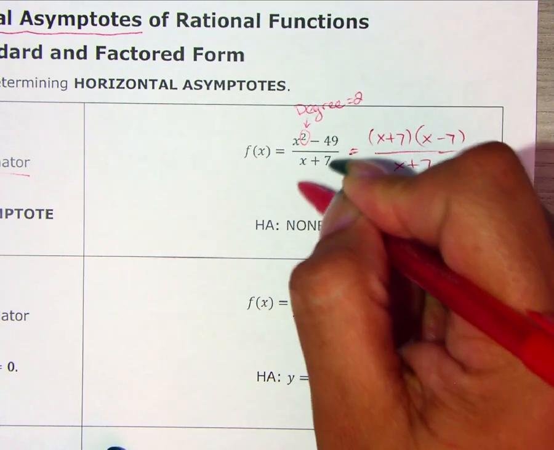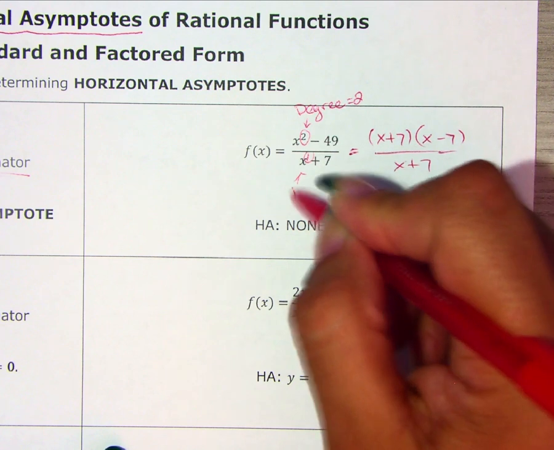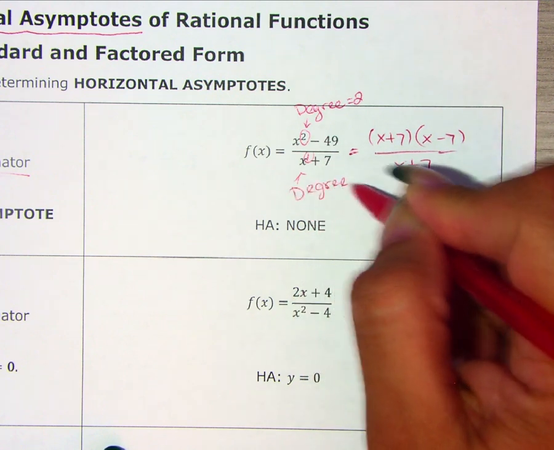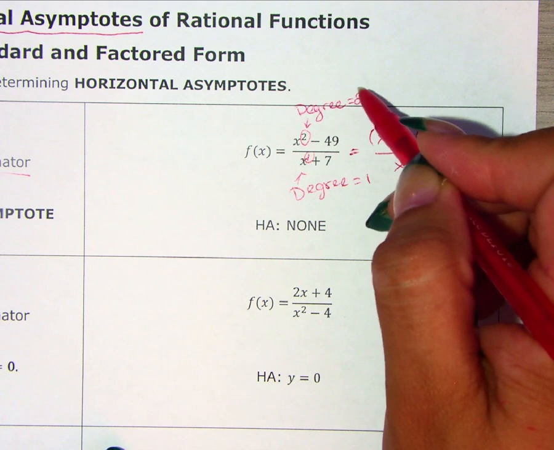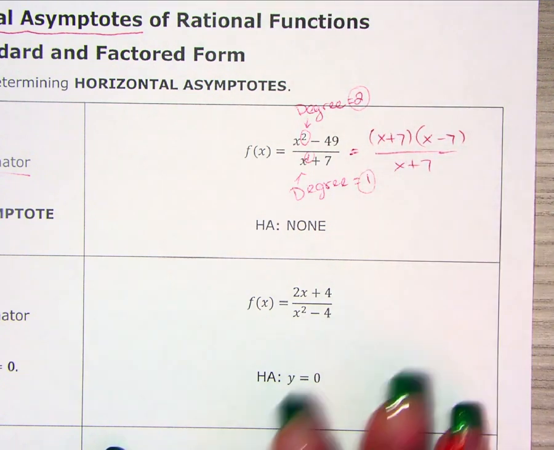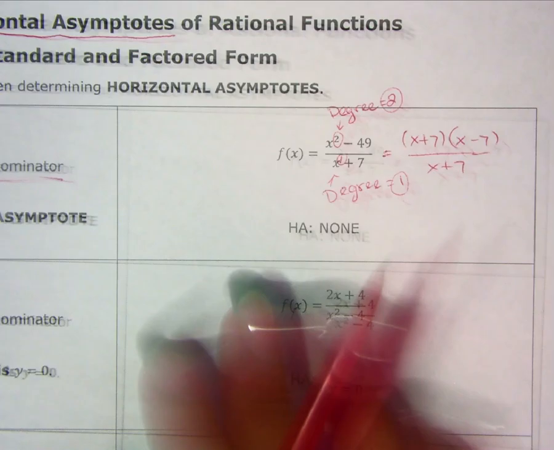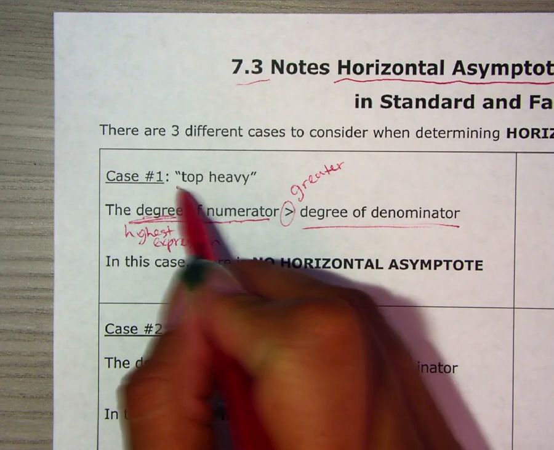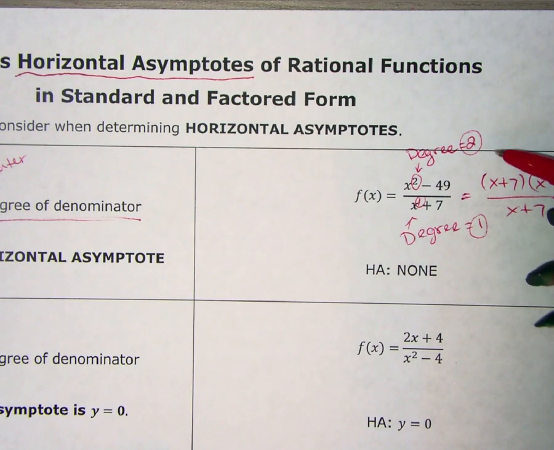And then this one has an exponent of 1. So this is the degree of 1. When you look at the degrees, the degree on the numerator is 2 versus the degree on the denominator, which is 1. You can conclude that this is top heavy. That's the keywords we're going to use, top heavy, which means that the numerator, the number on the top, is greater than the denominator.